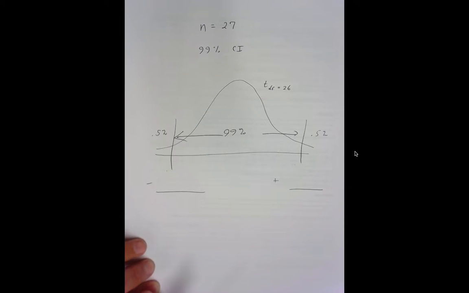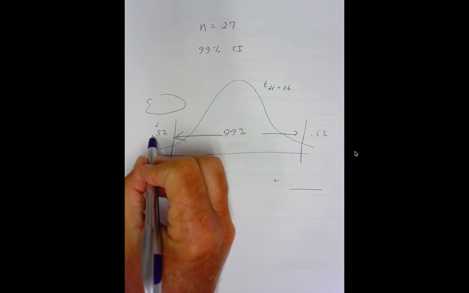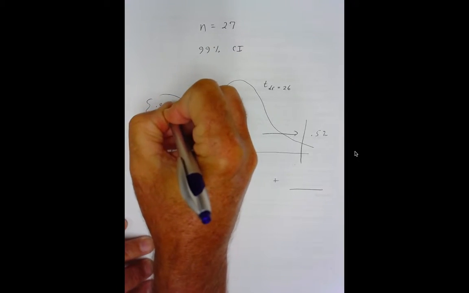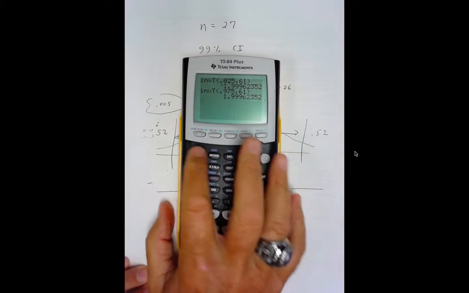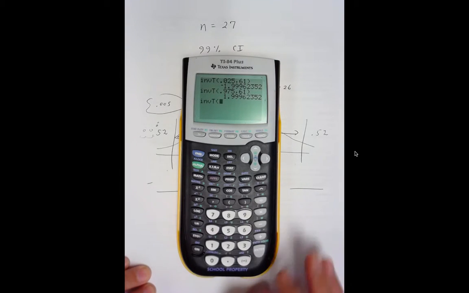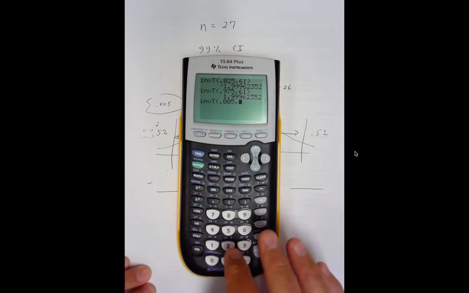Well, guys, what did I do before? Put this value in here as a decimal. Move this over two places, 1, 2, fill in with zeros. So what I'm going to do here is the inverse t. So I have 0.005 to the left. My degrees of freedom are 26.